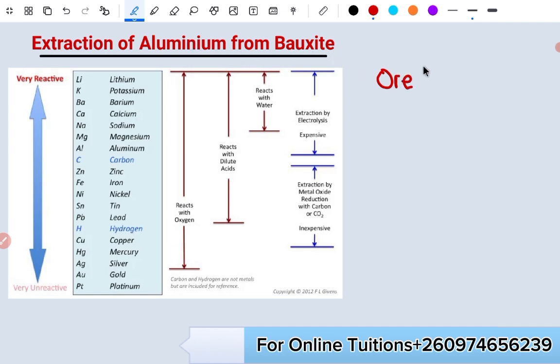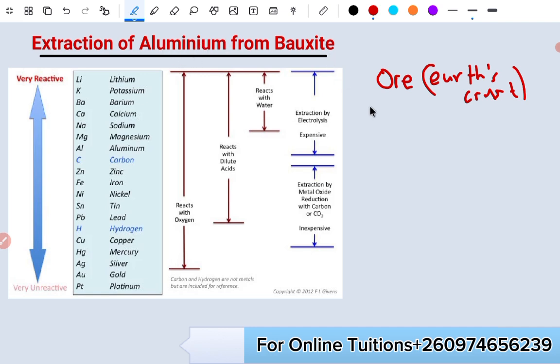When you think about this ore, it's more like a rock that is found in the earth's crust. From the earth's crust we obtain this bauxite, and after we get the bauxite, we then get aluminium from it.